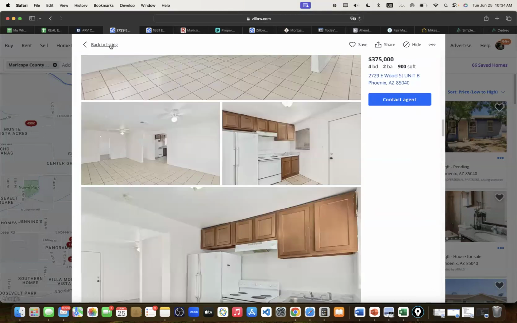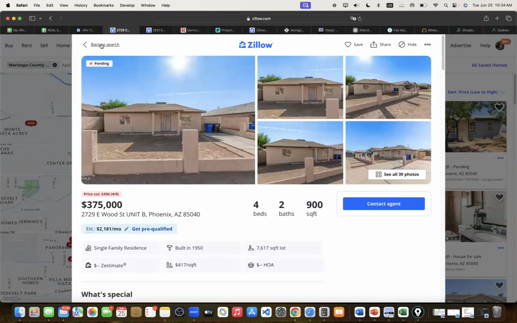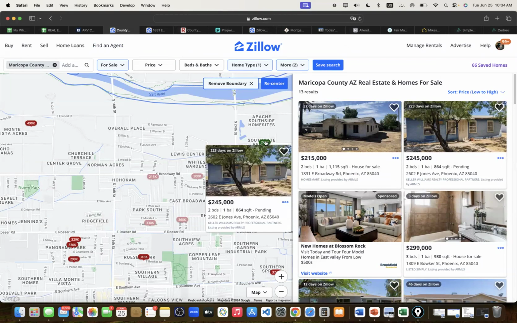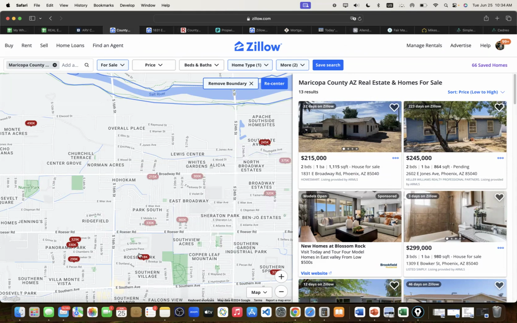This is not updated, but 375, and this is pending. Wow. Okay. 370, 417 per square foot. So this is the thing with Maricopa County. It is a huge mix of investors out here.